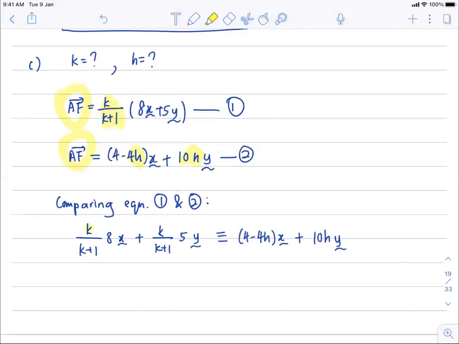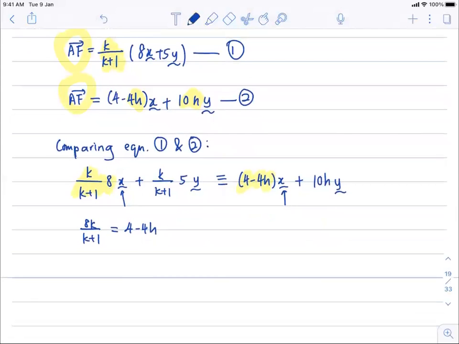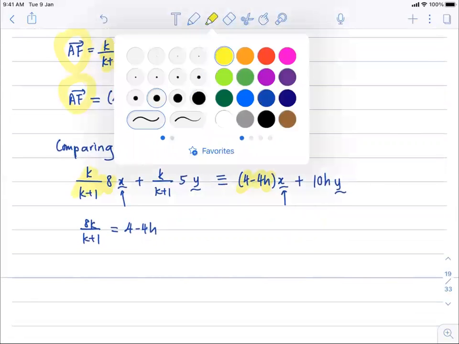So we compare this thing with this thing because both of them are coefficients for x. So 8k over k plus 1 is equal to 4 minus 4h. And then we compare another one for y.